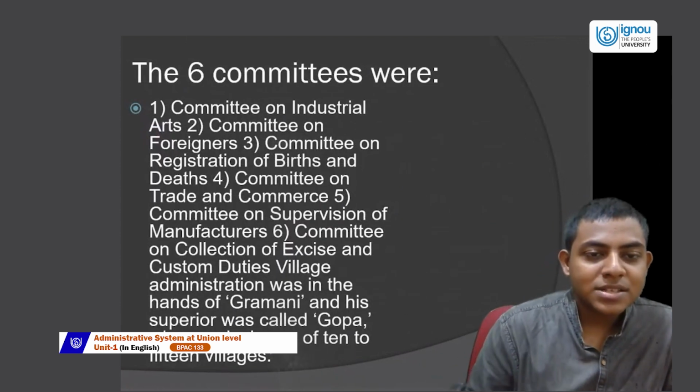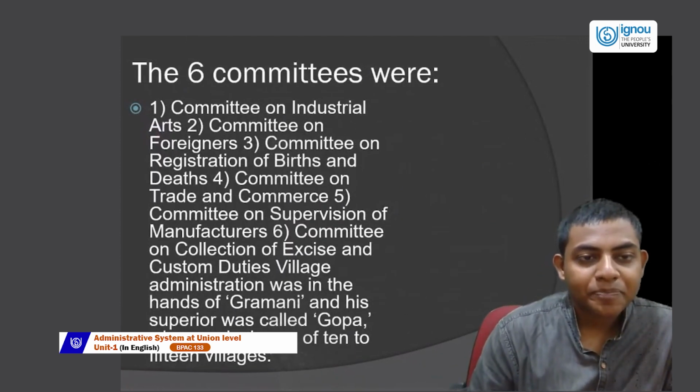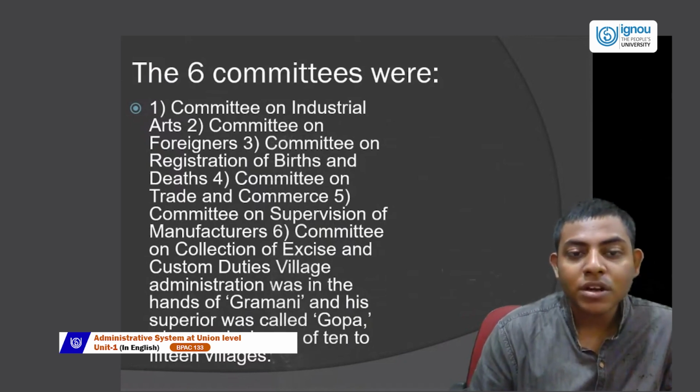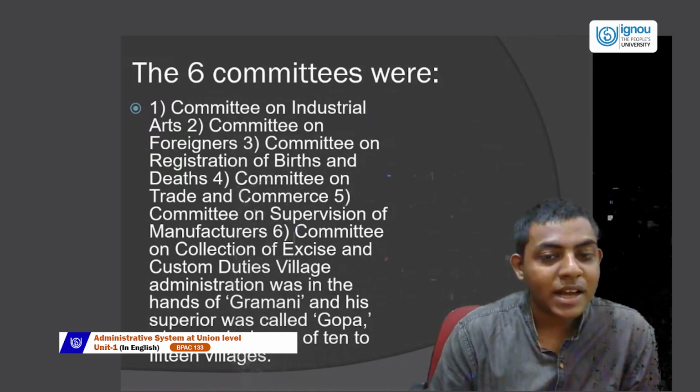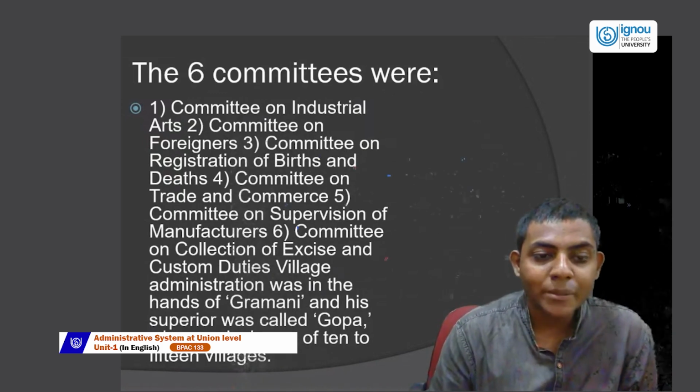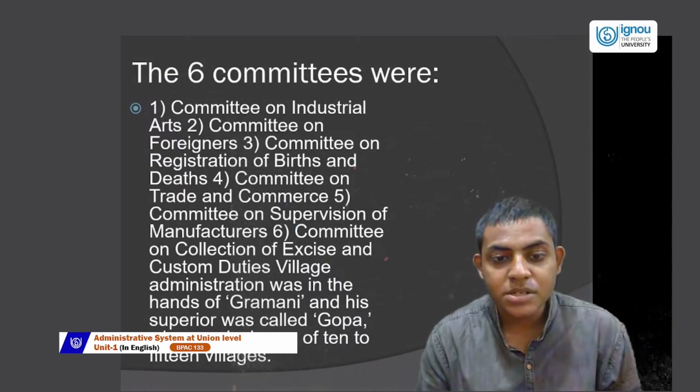Now, these are the 6 committees that were there. The first one is the Committee on Industrial Arts. The second committee was the Committee on Foreigners. The third was the Committee on Registration of Births and Deaths. The fourth committee was the Committee on Trade and Commerce.